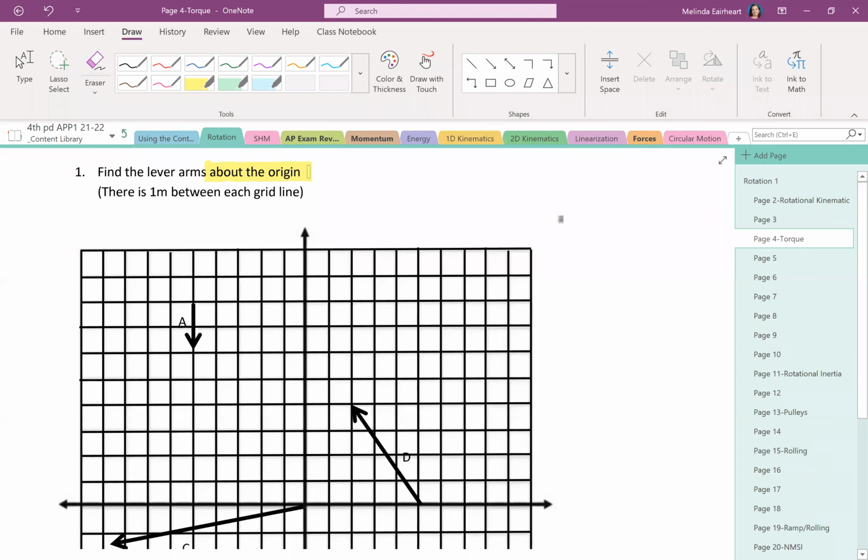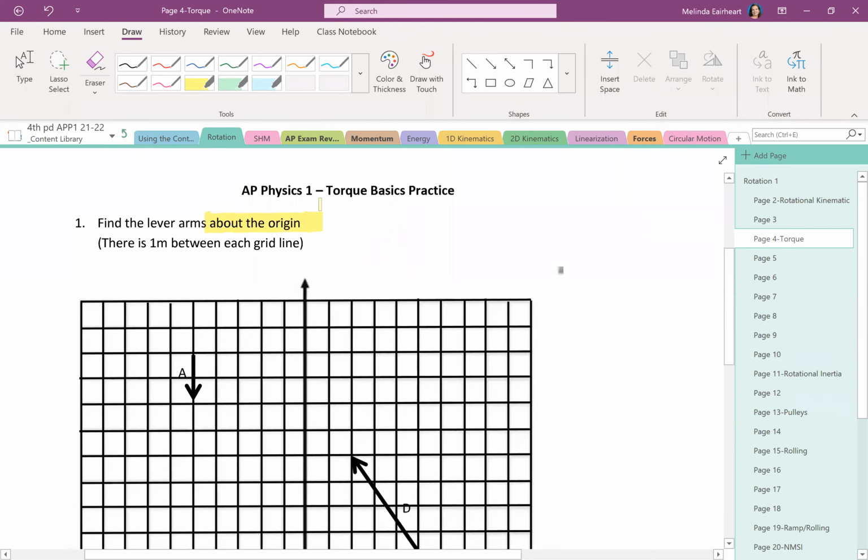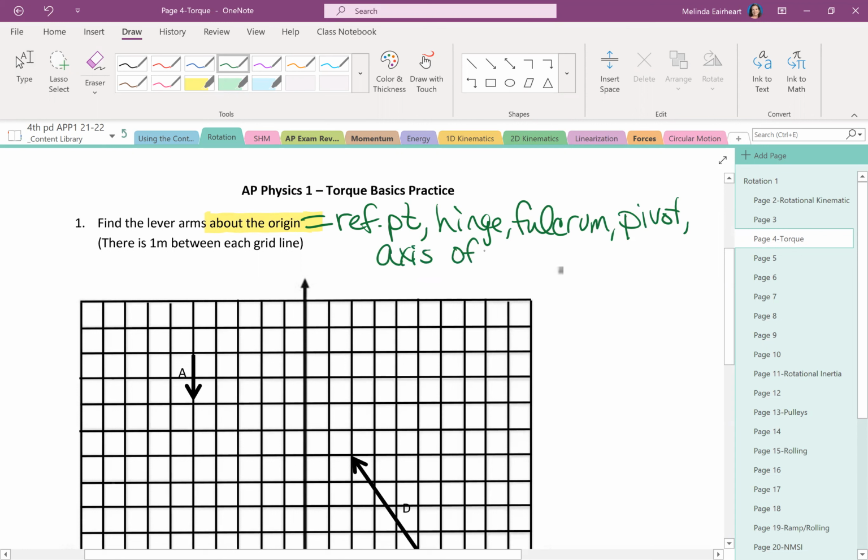And so this whole about the origin, this is your reference point, your hinge, your fulcrum, it has so many names, your pivot, or how we put in the definition, it's really your axis of rotation.